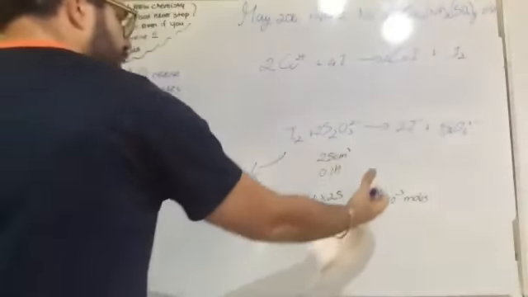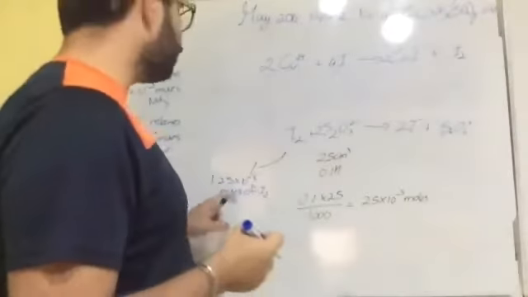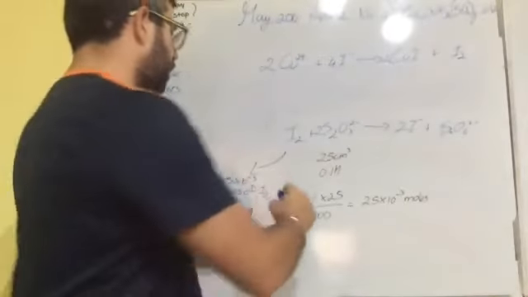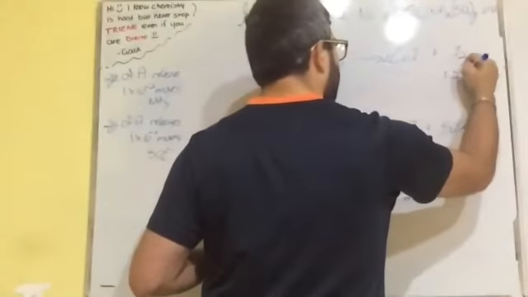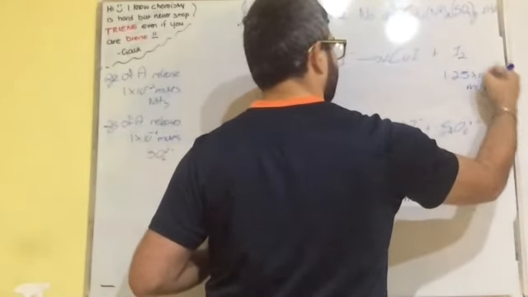So the 2.5 times 10 to the minus 3 moles of thiosulfate needed would have reacted with 1.25 times 10 to the minus 3 moles of iodine, which means that here you have generated 1.25 times 10 to the minus 3 moles as well.